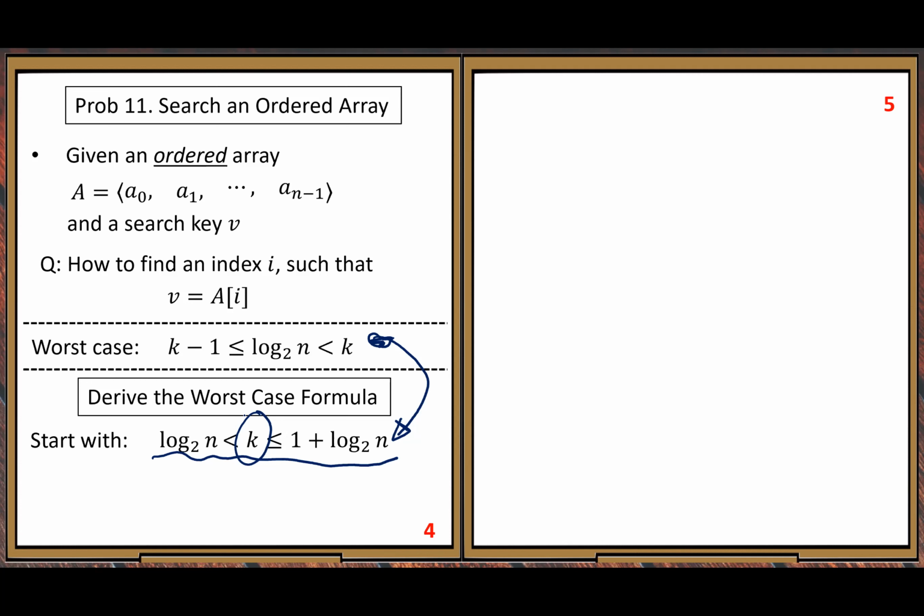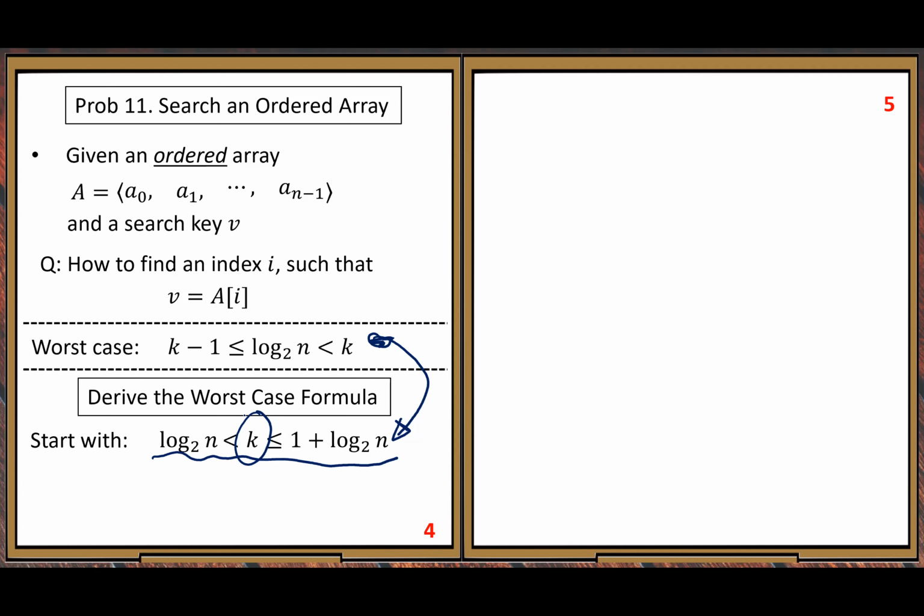Can we write an equality way? Here, this inequality still has some uncertainty, right? If you want to find K using this inequality, there is still some uncertainty. Not very good, not the best one.